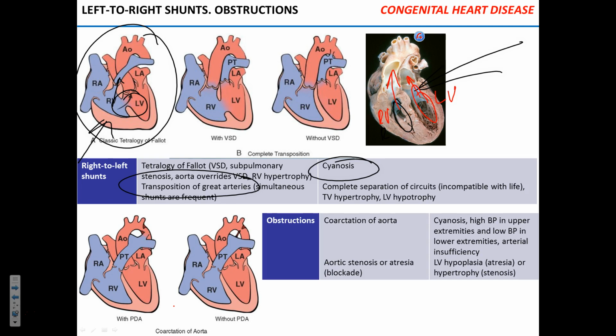Now, obstruction. So that's shunts. Obstructions. Aortic coarctation. So this is the coarctation with a connection of the aorta and pulmonary trunk with the patent ductus arteriosus. So here's the connection. And this is the coarctation without the connection.